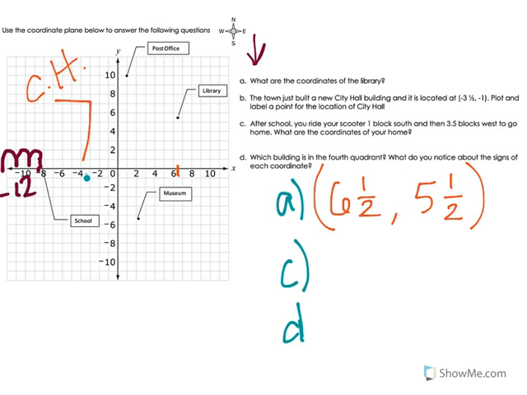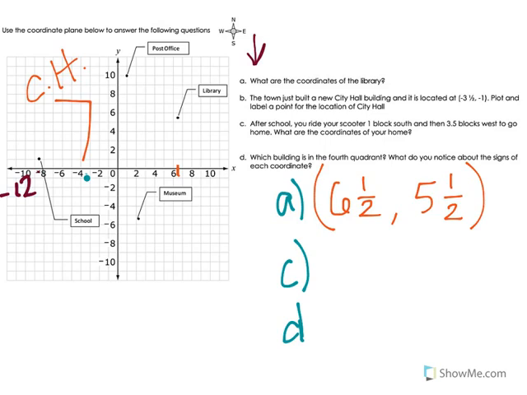So what are the coordinates of my home? So we already said my x value, we went south once, so I am at -8.5. Or I'm sorry, I'm at 0. I'm at 0 because I am on the x-axis. See, guys, even Miss Bryce needs to refresh her memory on some stuff.